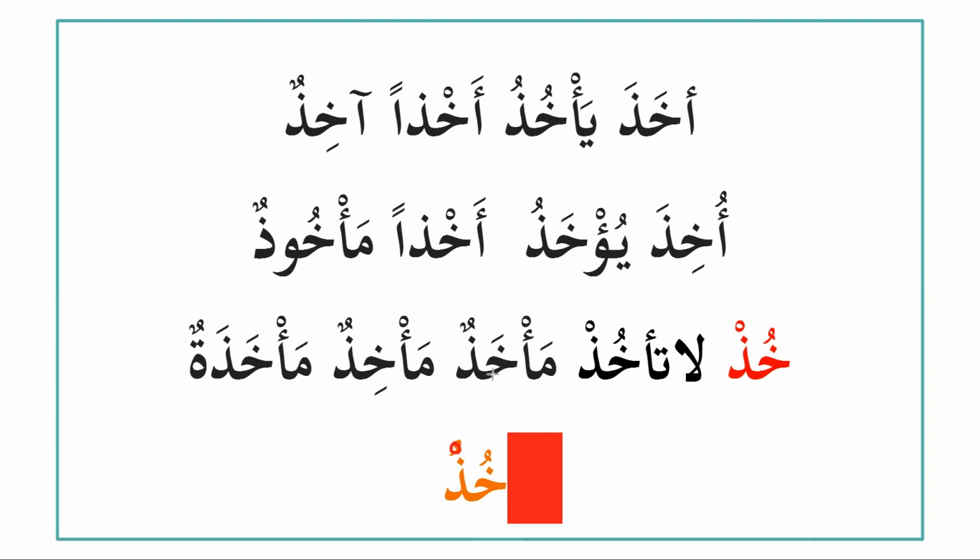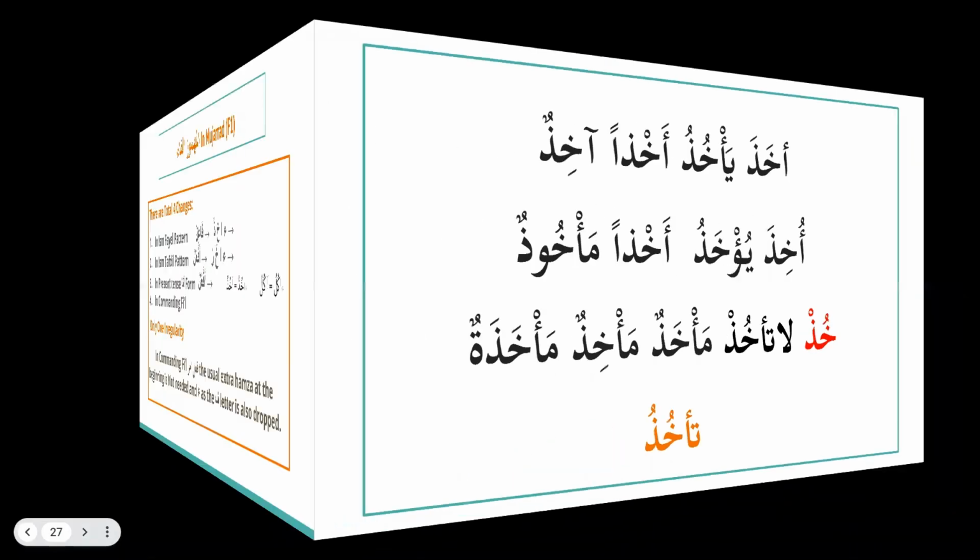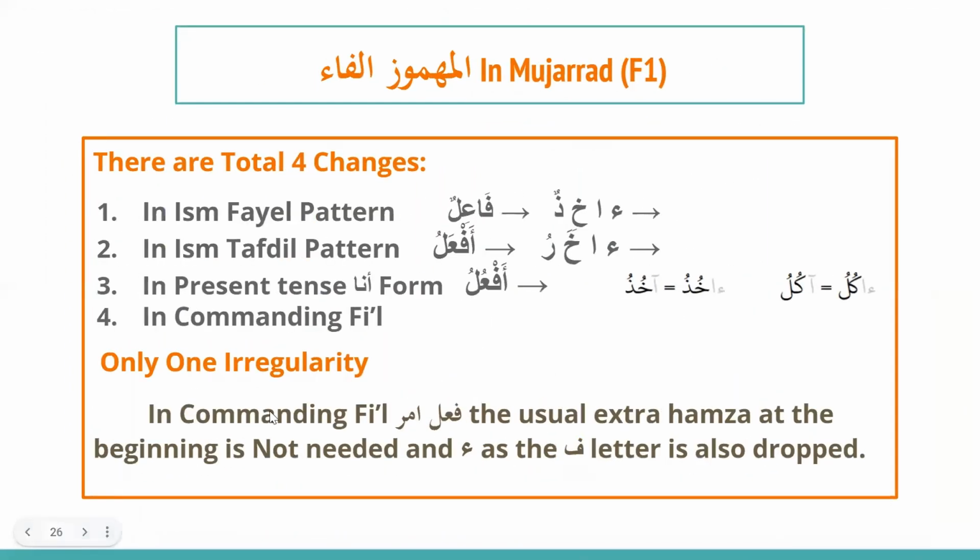But there are minor changes in which two alifs or two hamzas, or one alif and one hamza, come together, then we put a mud on it, right? So let's go back. So what did you see in Mahmoozul Fa in Mujarrad?